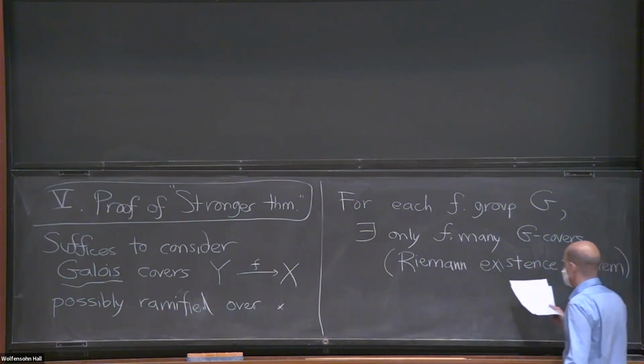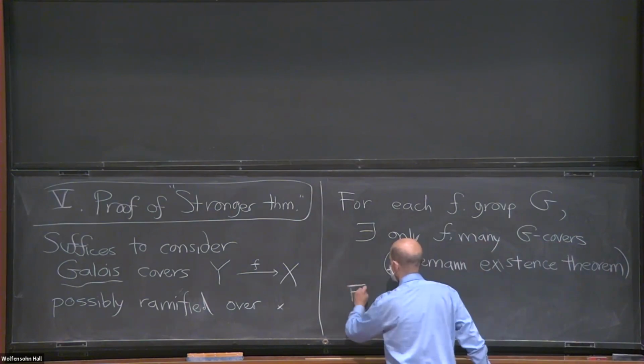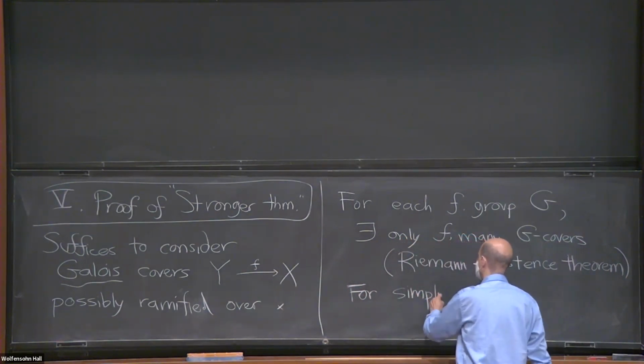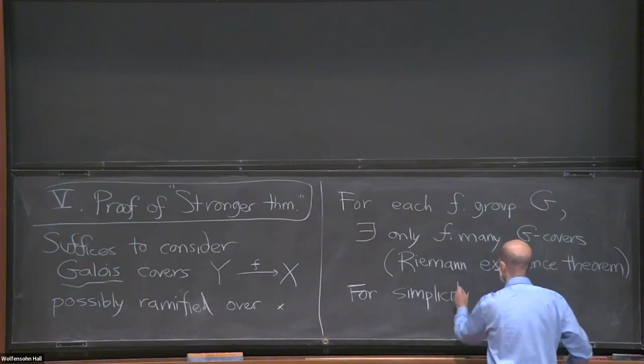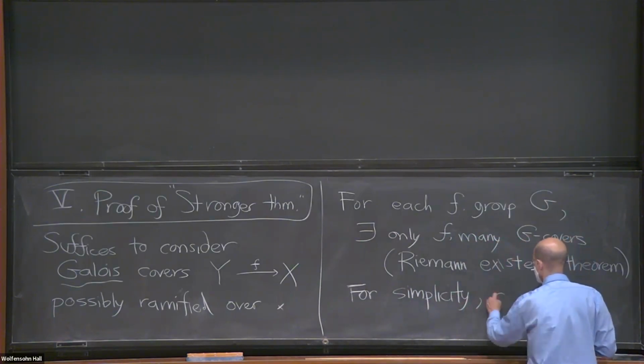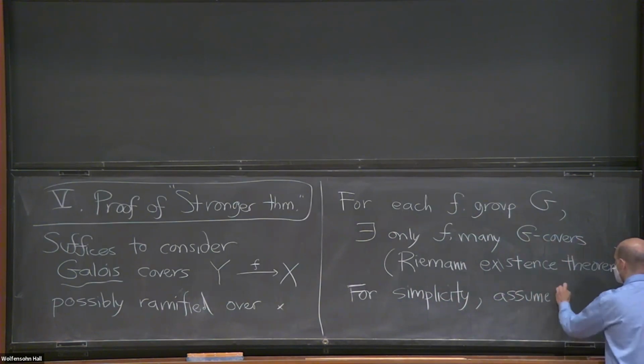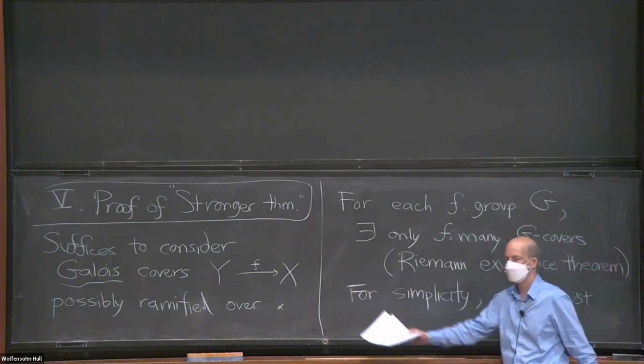For simplicity in this talk, let's just pretend that instead of having finitely many, there's just one. That's not true, but it's not going to affect the proof much. So assume there's just one G cover for each position of the puncture.